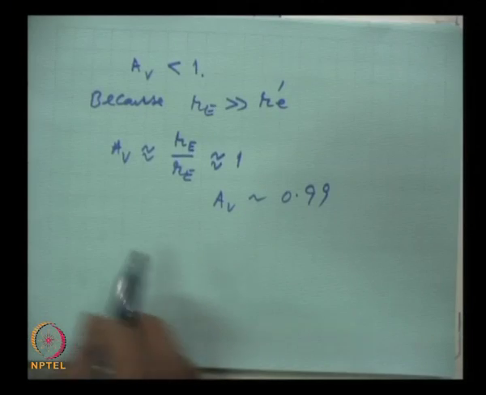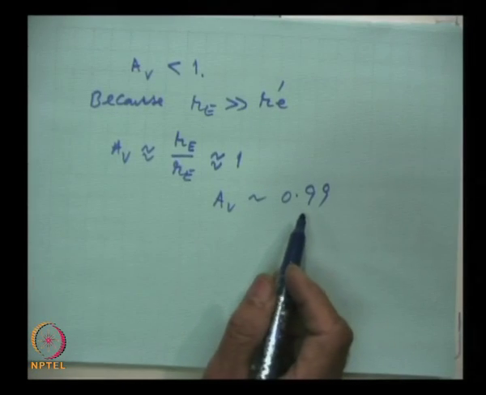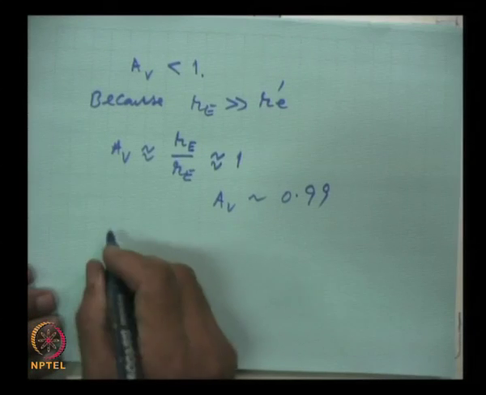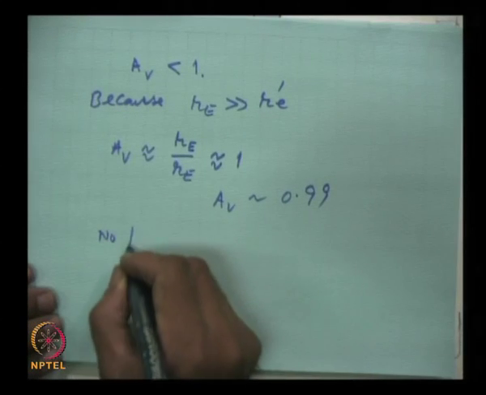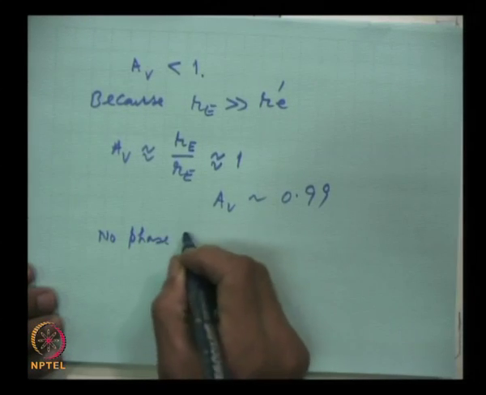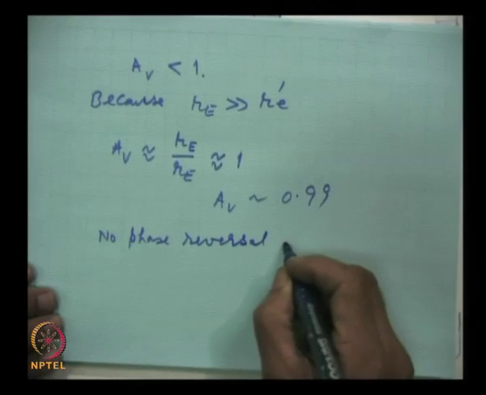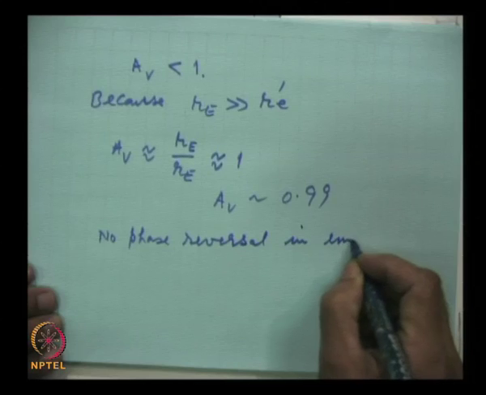So, now the voltage gain is very close to 1, and as I said, there is no phase reversal in the emitter follower.